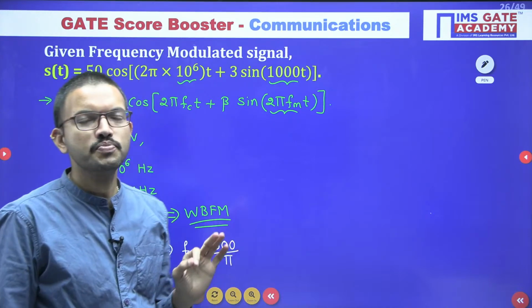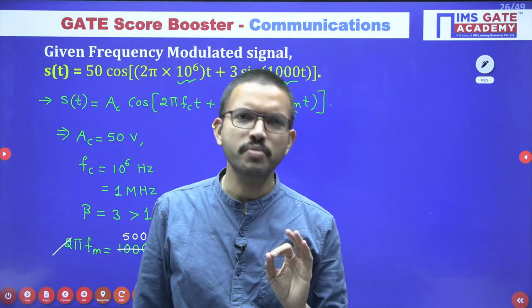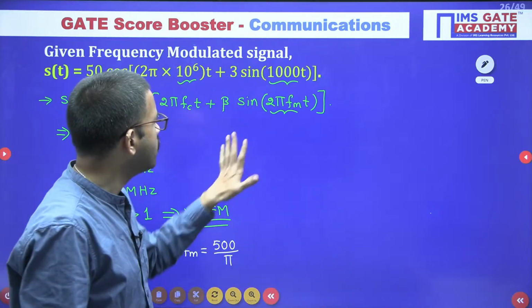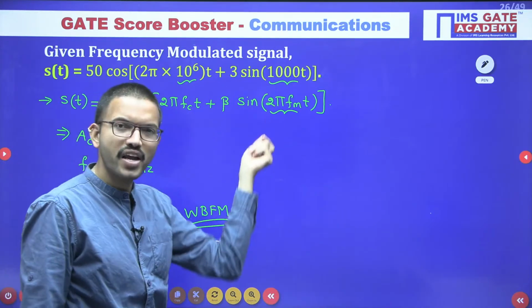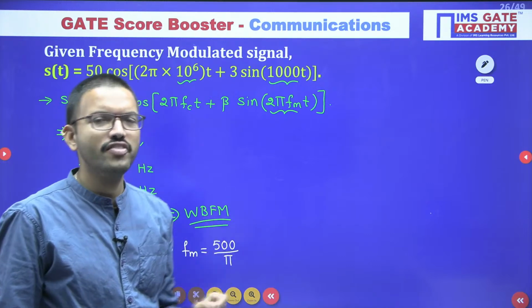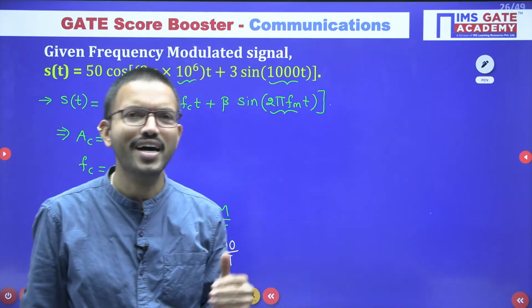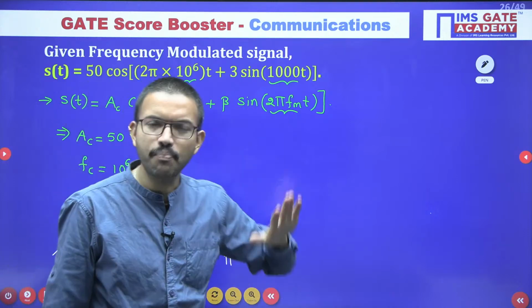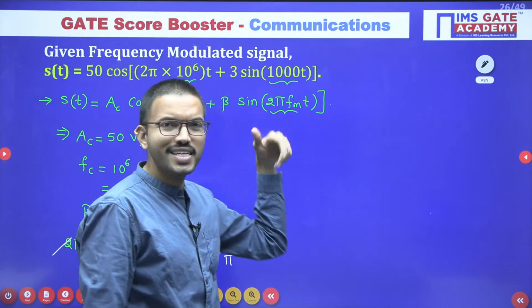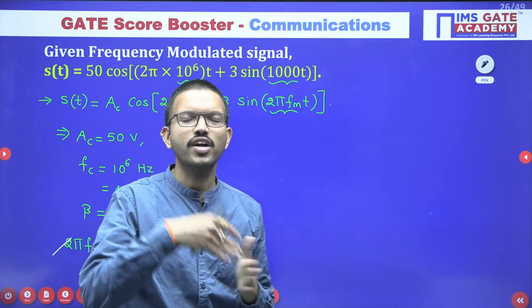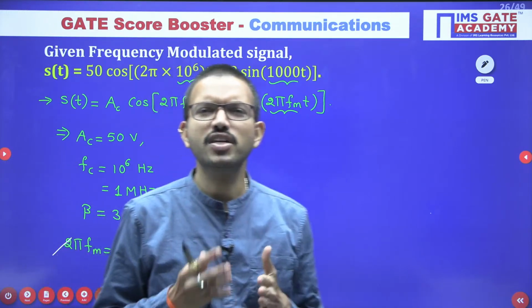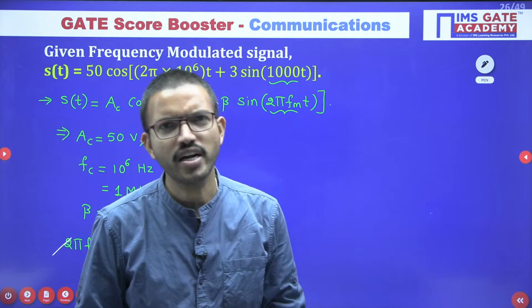So don't make any assumptions, don't be in hurry mode. Always consider the notation they have given. Then definitely whatever answers you get will be correct. But if you are in hurry mode and assuming something else from the data given in the question, definitely the answer you get will be wrong, right?